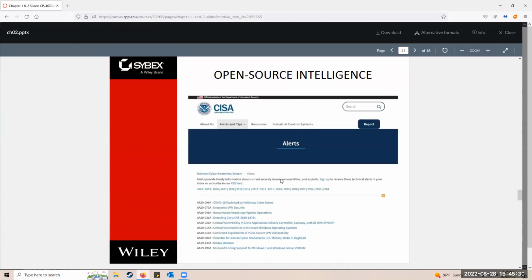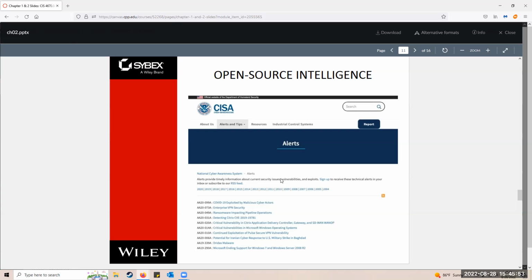All right, let's talk a little bit about threat intelligence. So OSINT, or open source intelligence, is basically how we can gather information on bad guys and gals and what they're doing. CISA has a really good alert webpage here that you can go to and look at all the different things that have been happening over the last few months.